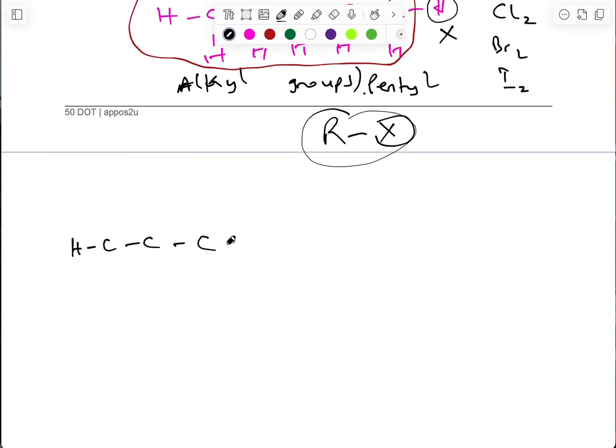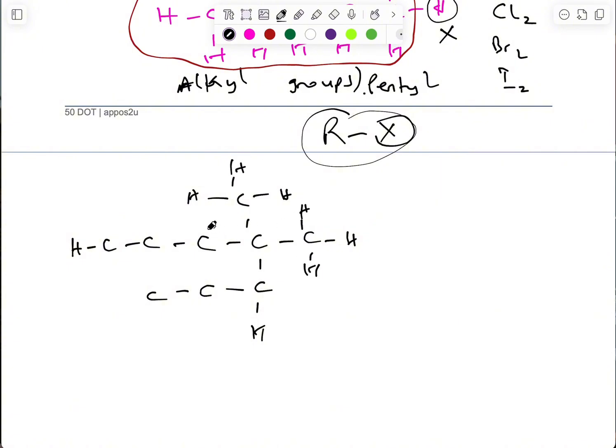you have this, you have this, you have this. Permit me, I may not be able to write all the hydrogens, please.